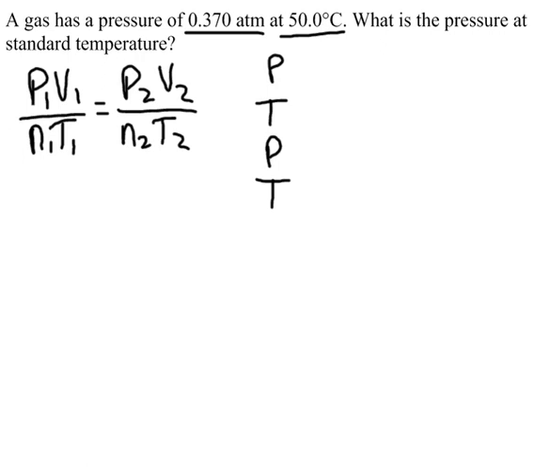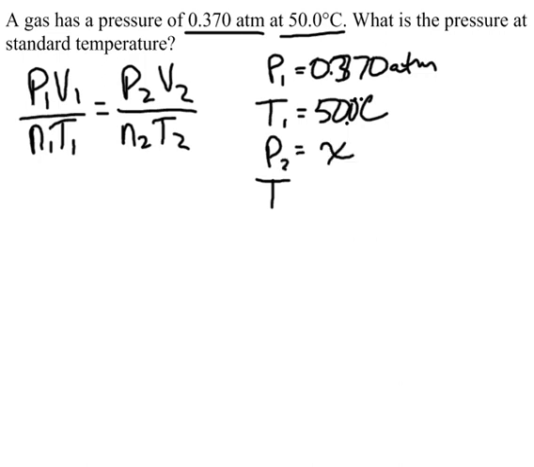So my first pressure is going to be 0.370 atmospheres. And then my first temperature is going to be 50.0 degrees Celsius. And then my new pressure is what I'm looking for because I'm asking for pressure.